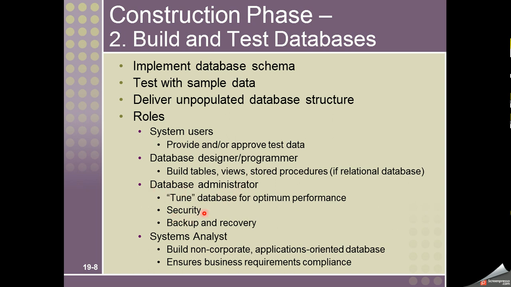He will also take care of security, backup and recovery. The analyst makes sure that the business requirements are completely fulfilled, not compromised, and he will help all the other stakeholders.